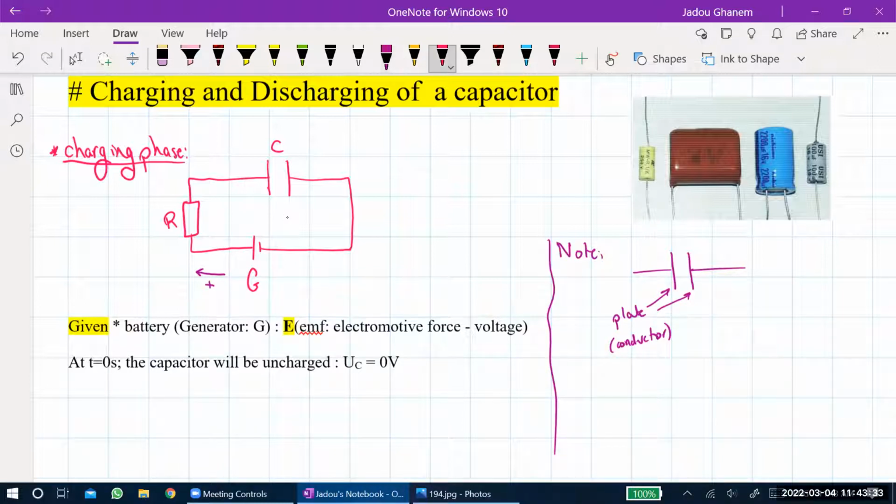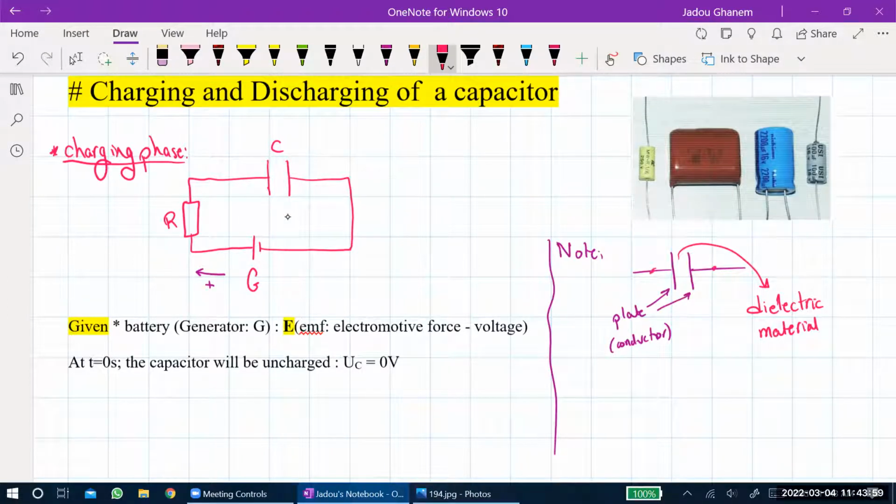And in between these two plates there is a dielectric. Dielectric material, maybe it's plastic, sometimes it's air, sometimes it's paper, anything that doesn't allow current to flow. So this is in general a capacitor.